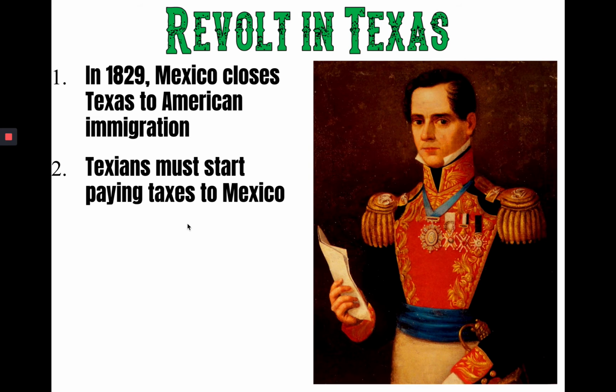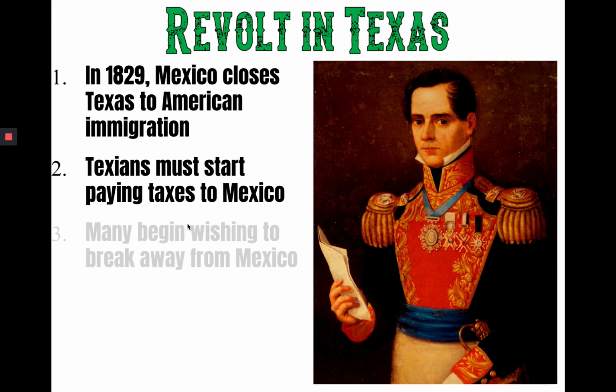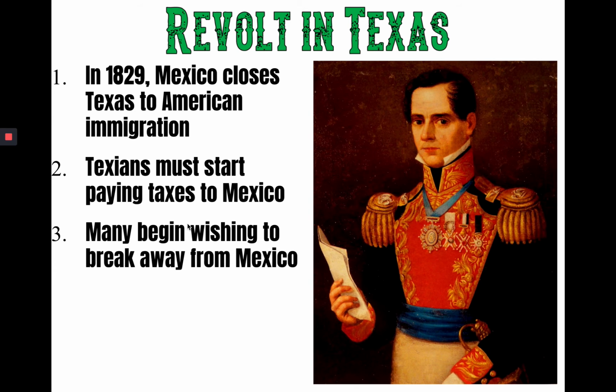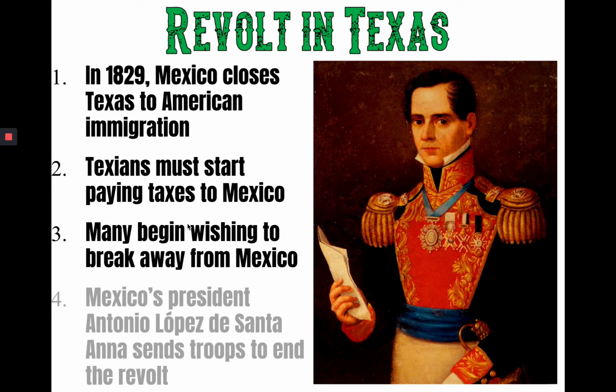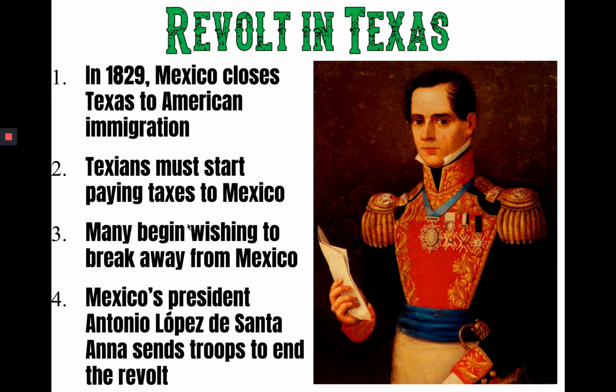But again, Texans are American settlers in Mexico, in what is now Texas. So many American settlers in Texas begin wishing to break away from Mexico. And President Antonio Lopez de Santa Anna sends troops to Texas to end the revolt.